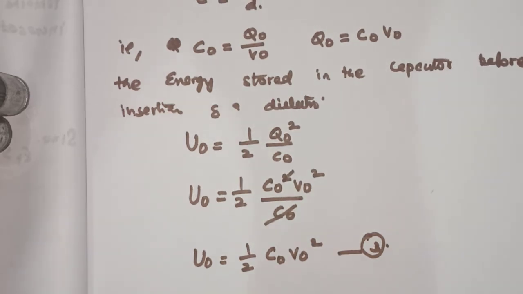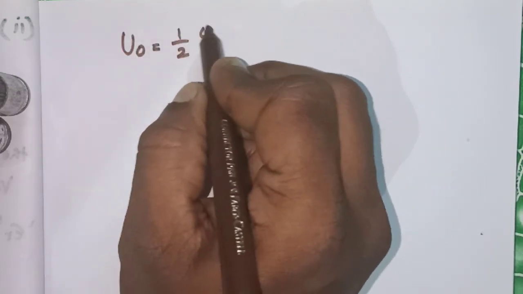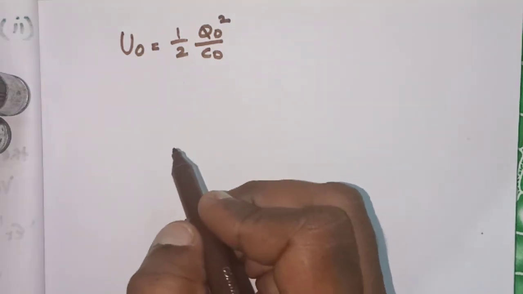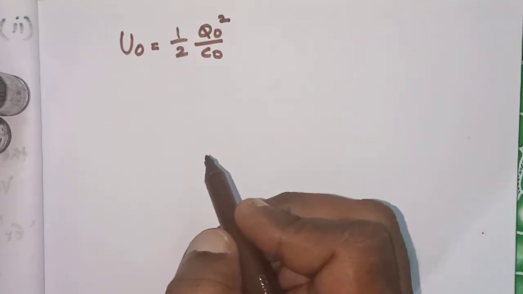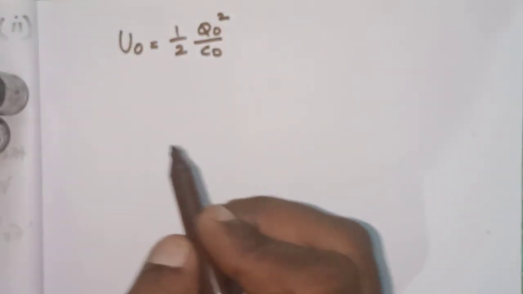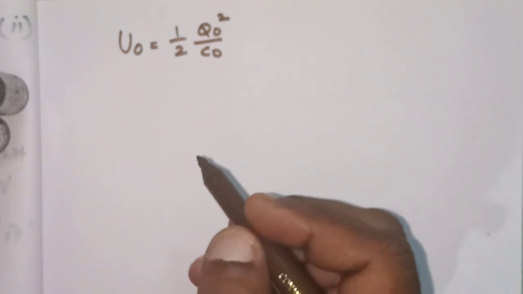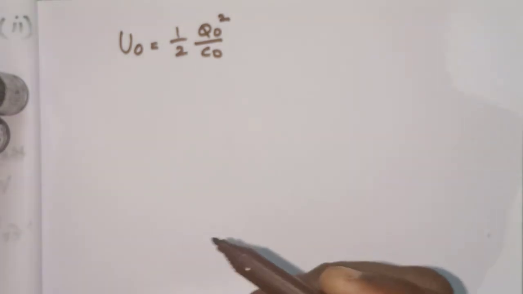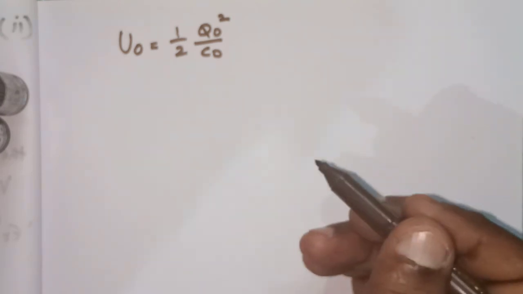Okay. Here we do not use the relation U naught equal to half Q naught square divided by C naught, because both charge and capacitance are changed. After the dielectric is inserted, the capacitance is increased, hence the stored charge also increased. After insertion of dielectrics, the capacitance also increased, stored energy also increased.